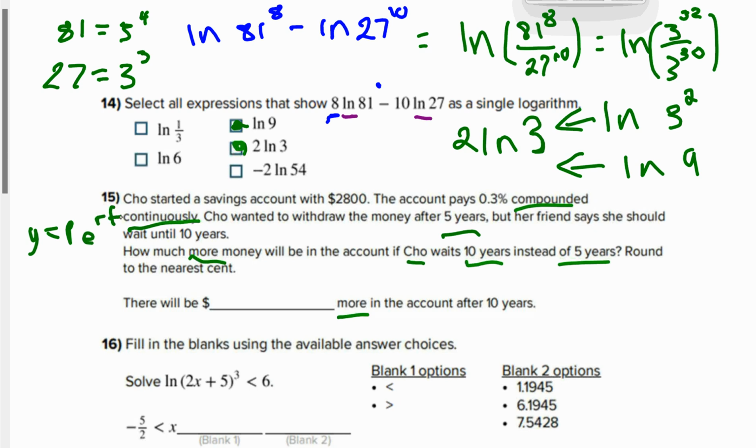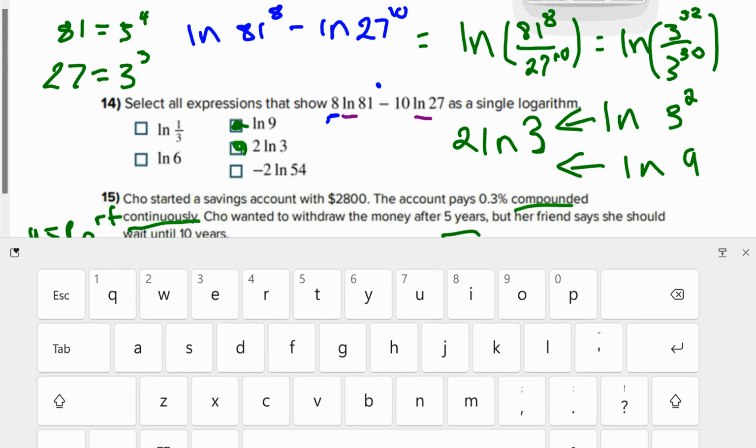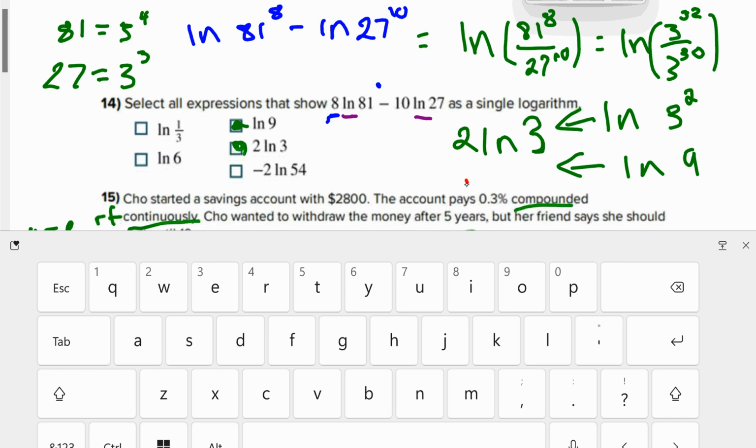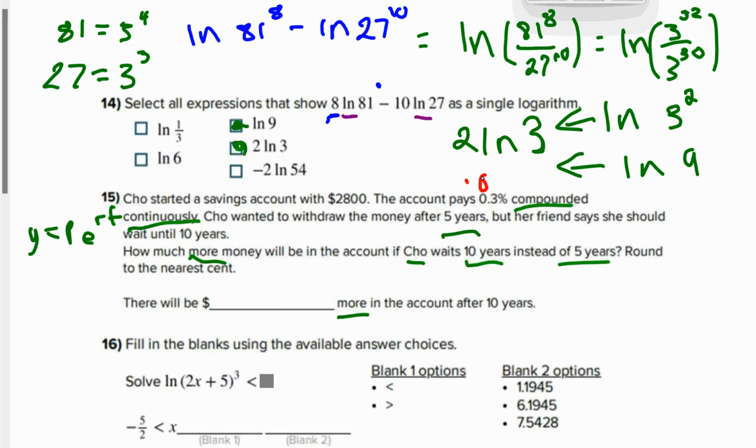So we know our rate is 0.3. We need to change that to a decimal, so that would be 0.003. Geez, not having my pen working really stinks. So our principal amount would be 2,800. So y equals 2,800 e raised to 0.003, and then t is our years, right?